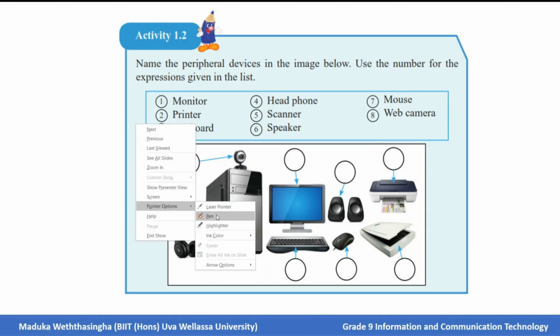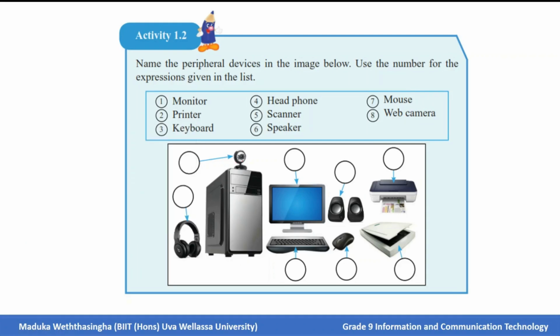Let's do this. Okay, what is this? This one is a web camera. It means number 8. And this is headphone, number 4. This is monitor, number 1. This is keyboard, number 3.